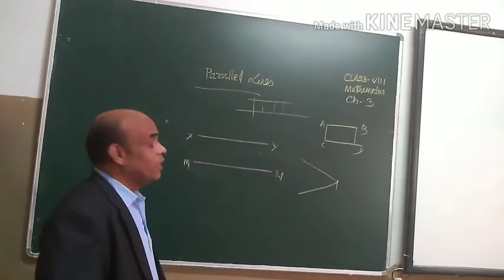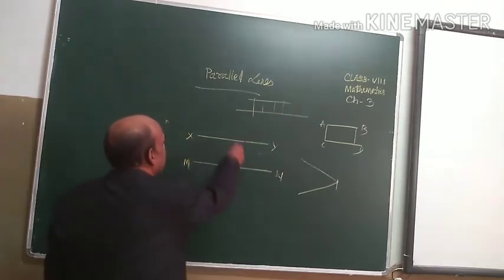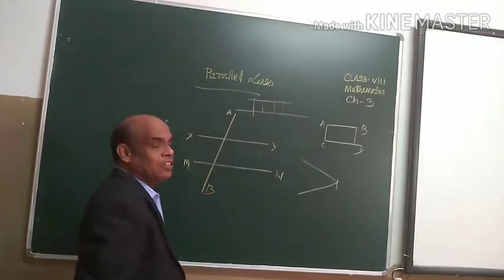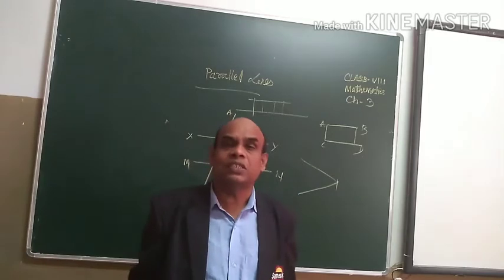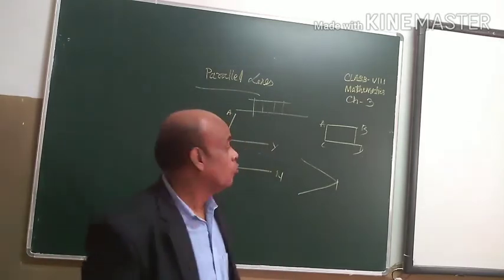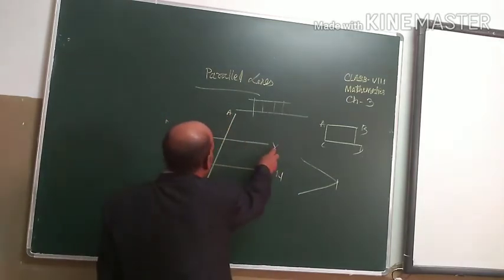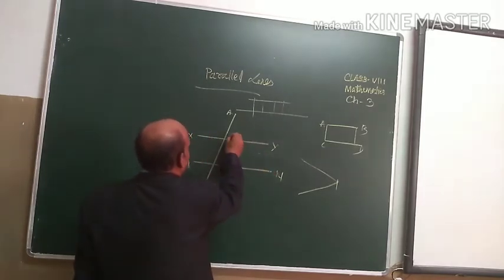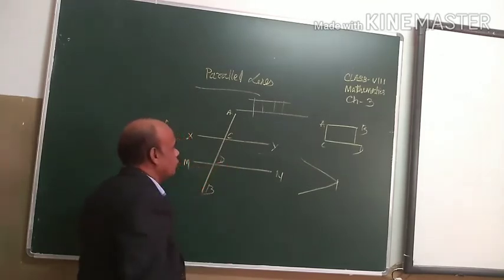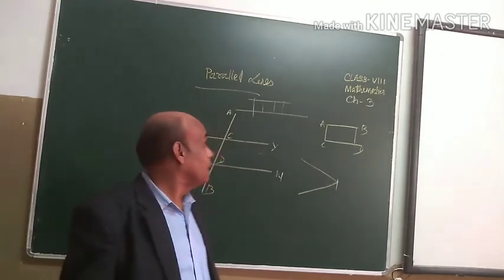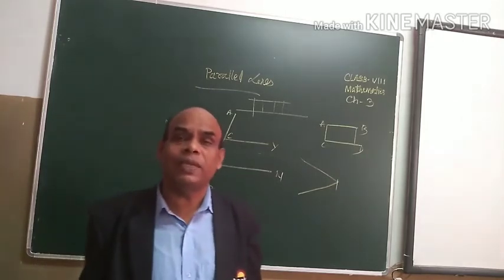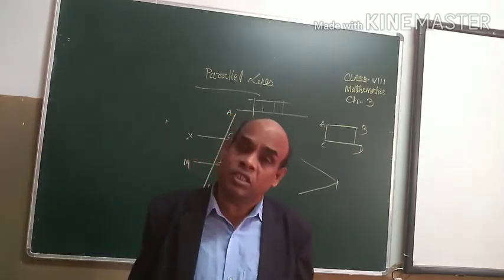Suppose you see here AB is another line which intersects the lines XY as well as MN, at the points C and D. So you can say AB is called a transversal.